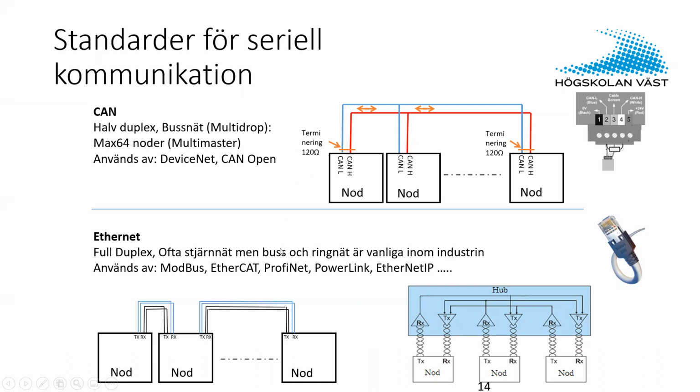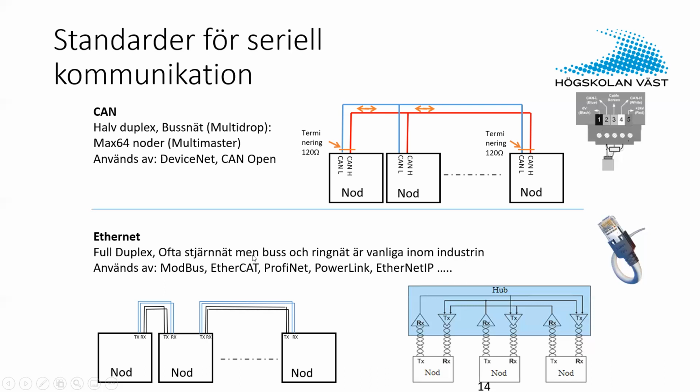But Ethernet is actually a bit interesting as well, because it's also a serial communication protocol. You have 2 wires for receive and 2 wires for transmit. So it's full duplex, but it's not really a bus network as we normally use it for local area networks.